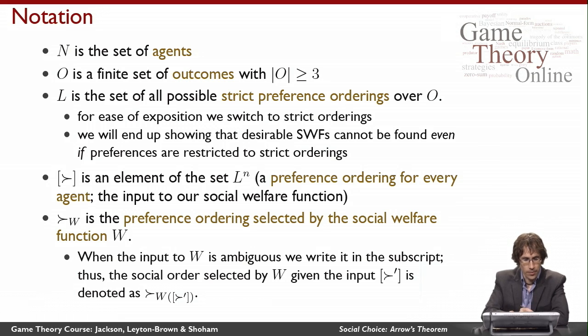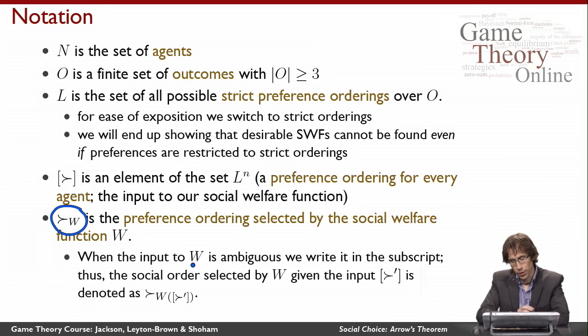Going on, I'll denote with this symbol a preference ordering relation, subscripted by a W, the preference ordering that is actually output by the social welfare function. So as I just said, the social welfare function itself outputs an ordering, and this is going to be the ordering that gets output.